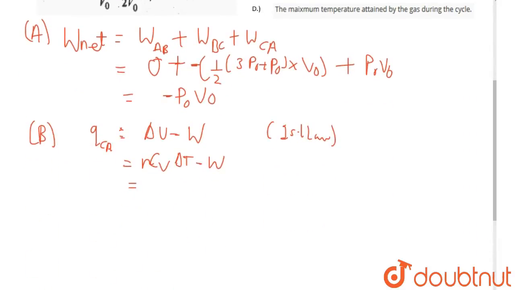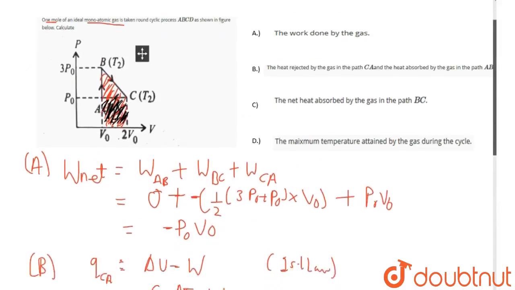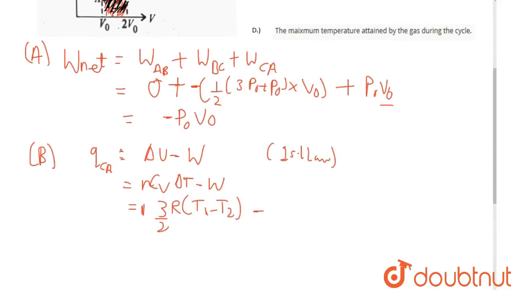So n is 1, and for a monoatomic gas Cv is 3 by 2 R, and the temperature is T1 minus T2, and the work done from C to A that we have calculated here is P naught V naught minus P naught V naught.